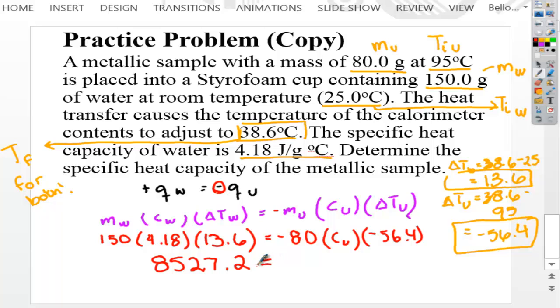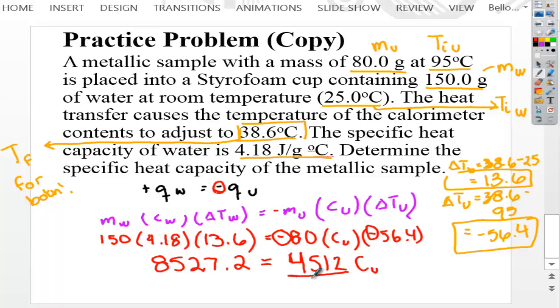That's equal to 4512 times the specific heat. Is that negative? No, it's positive because you're multiplying a negative times a negative, so you get a positive, okay?